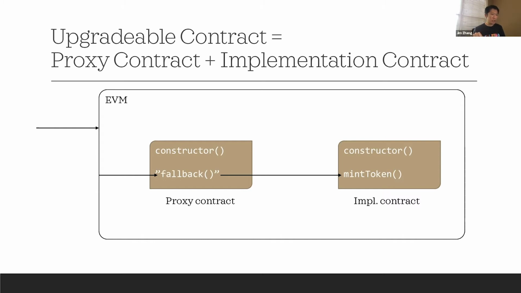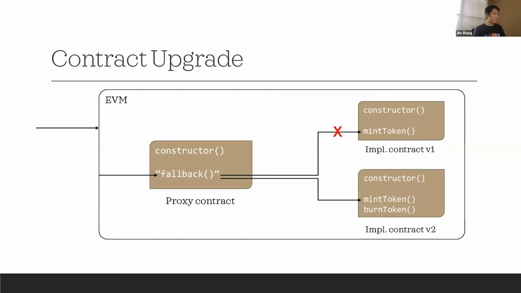The implementation contract that I know about just so happens to have this mint token function implemented. So let me just go ahead and redirect this processing request to the implementation contract. Then it'll be properly processed, and the return value goes back to the proxy contract and goes back to the client.